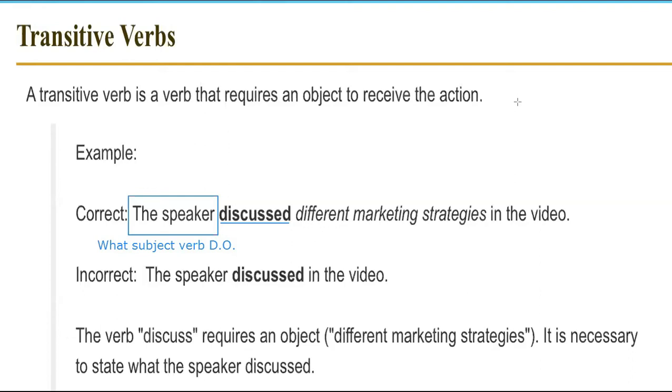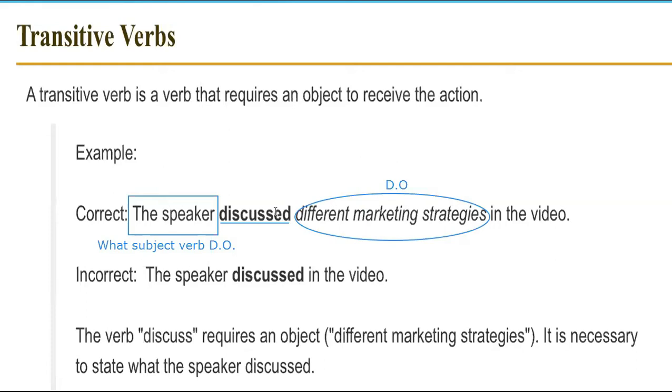Yes, the strategies. Different marketing strategies. Exactly. So this will be our direct object. Exactly. So now remembering, a transitive verb always will require an object.